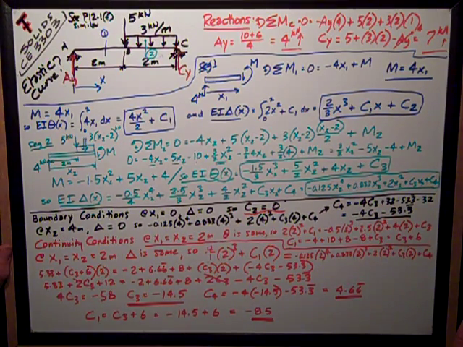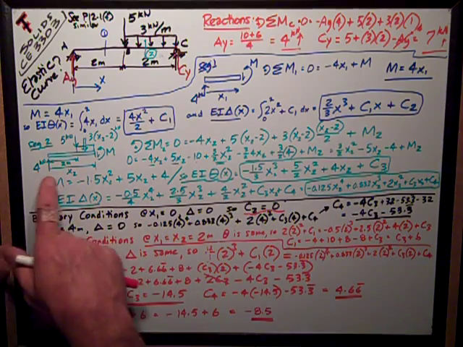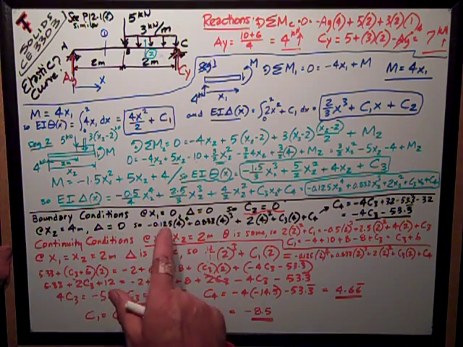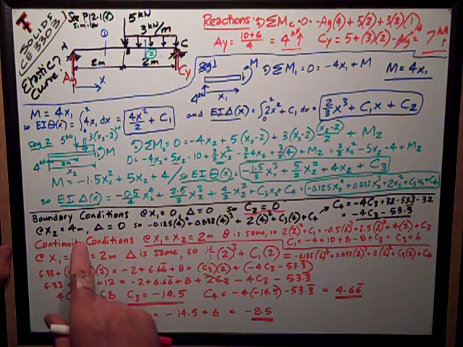Now I've got 4 equations, 4 unknowns. So here's why I have to go to boundary conditions to get solutions for those constants of integration. I have 2 boundary conditions that are basically at either end, x equals 0 and x equals 4 at the C end.